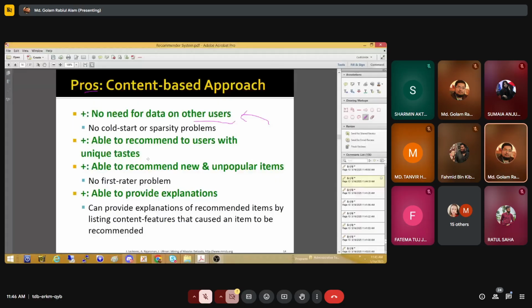Sometimes new items and unpopular items will be there, but there is no need for others' ratings on them.